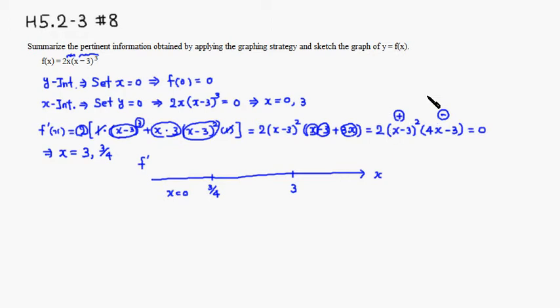Positive times negative is negative. For any number between 3/4 and 3, I like 1, so I'll try 1. These are always positive, and 4 minus 3 is positive, so you have a positive here. For any number bigger than 3, try 4. This is positive and this is positive too, so it's all positive again.